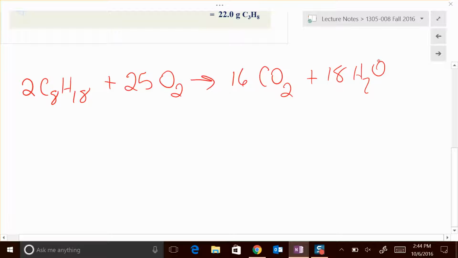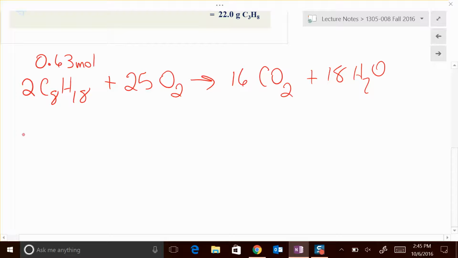So if I have 0.63 moles of C8H18, how many moles of O2 will react with it? It's not half of it. Look at the coefficient of O2. 25 for every 2. That's a different ratio, right?